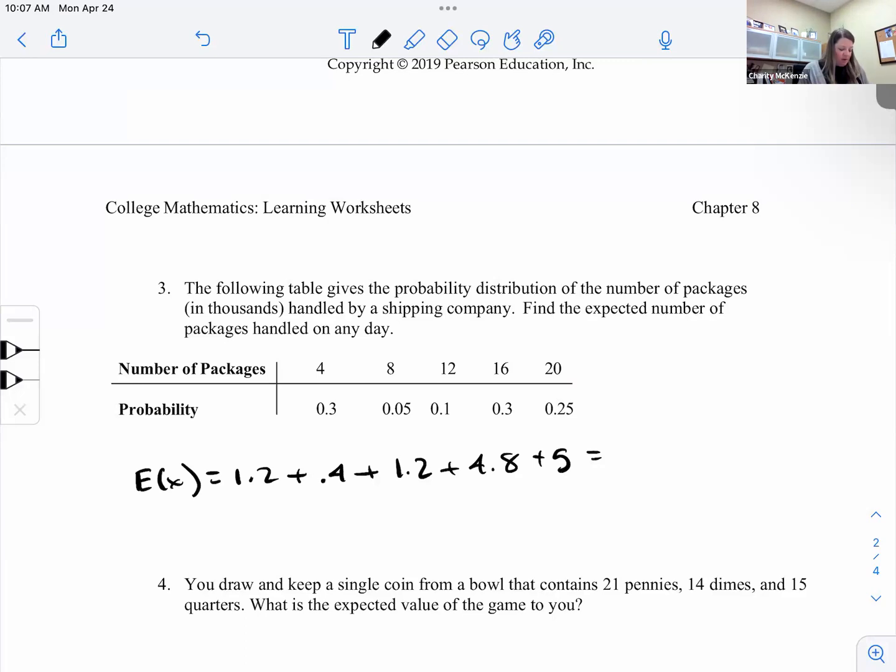So 1.2 plus 0.4 plus 1.2 plus 4.8 plus 5 is 12.6. So we will have 12.6 thousand packages handled every single day by the shipping company.